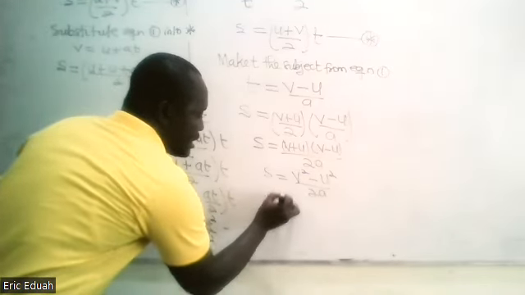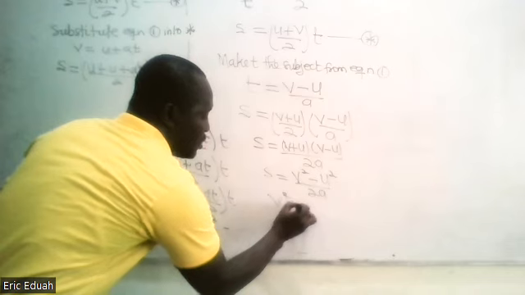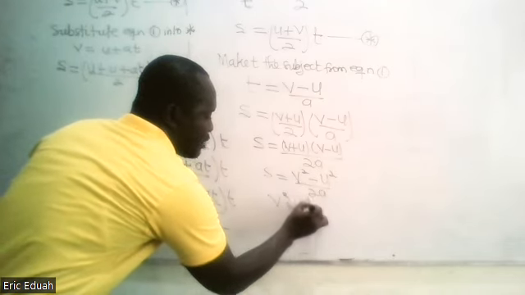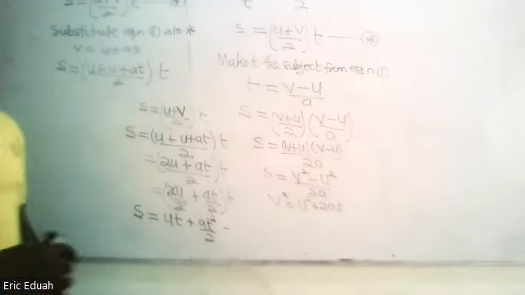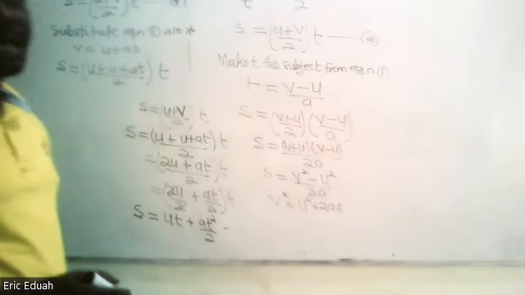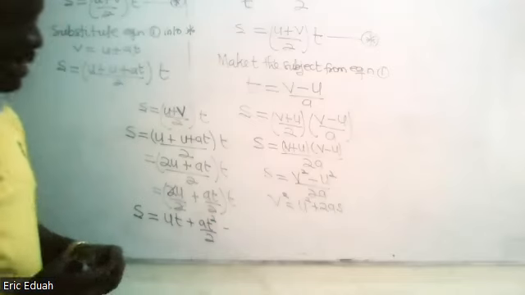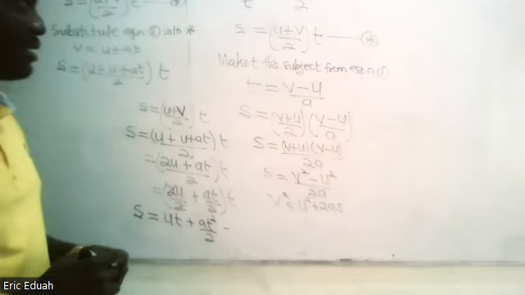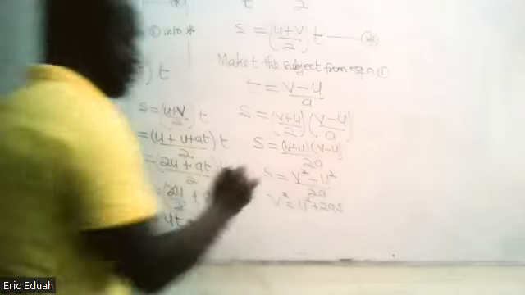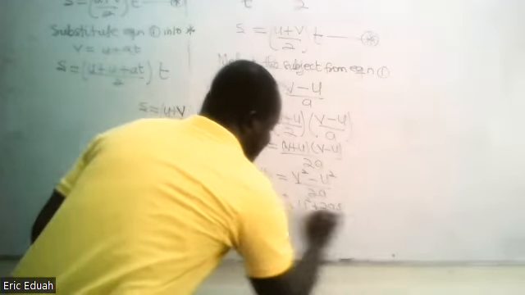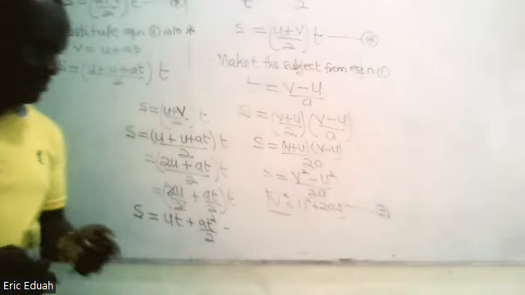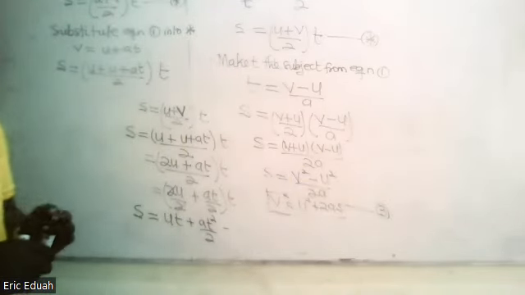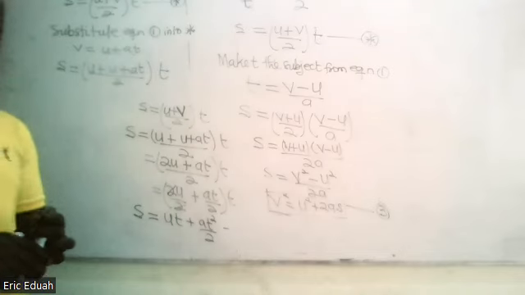So V squared is equal to U squared plus 2AS, or 2AS plus U squared. Addition is commutative. And this is the third equation of motion. We are done.